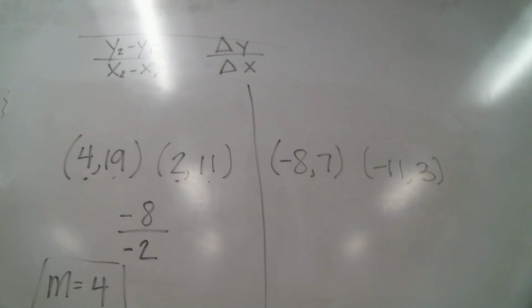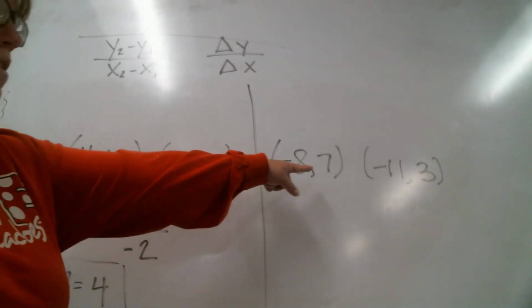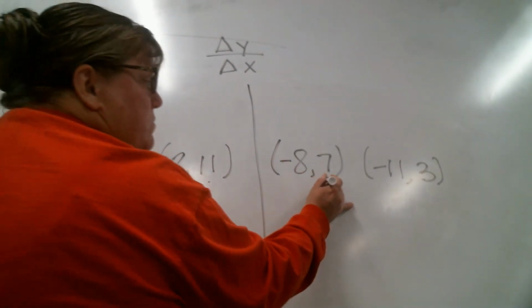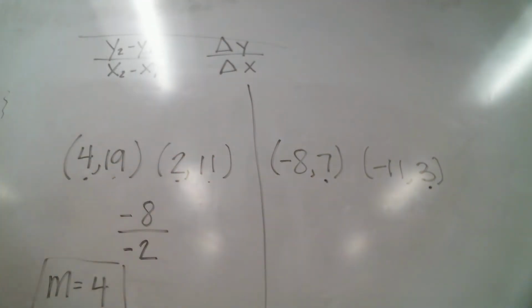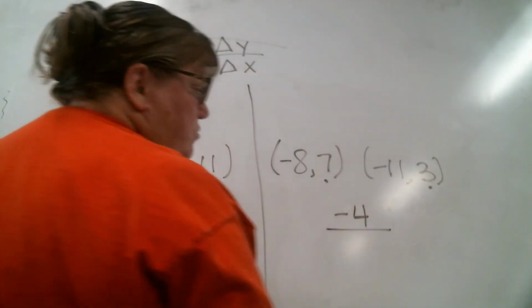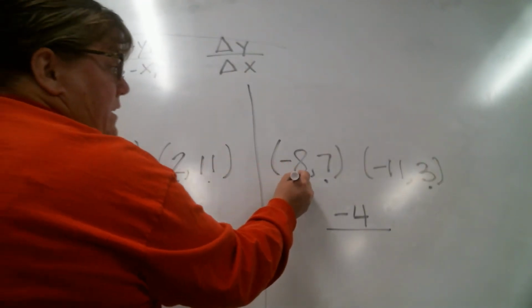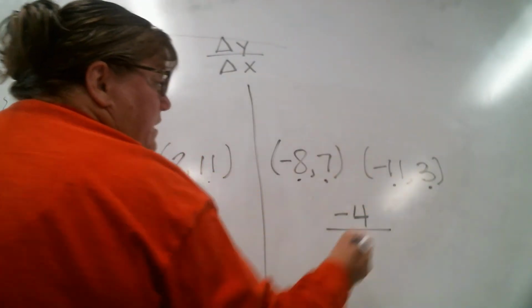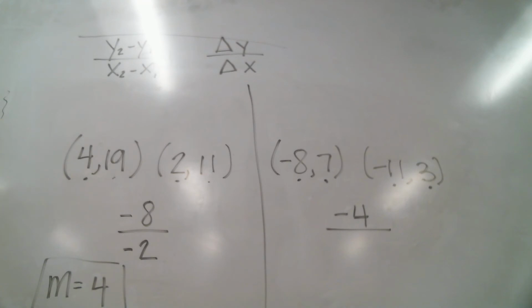Okay. Let's look at this one. The change in y, it's moving from 7 down to 3. So it's dropping by 4. So -4 is your change in y. X is moving from -8 to -11. So if you think of a number line, you're at -8.